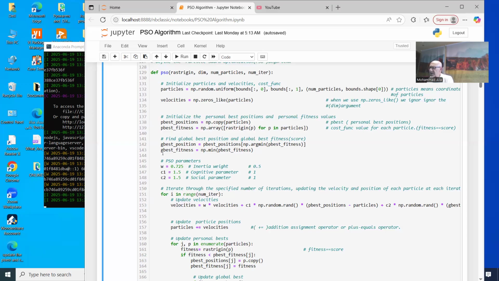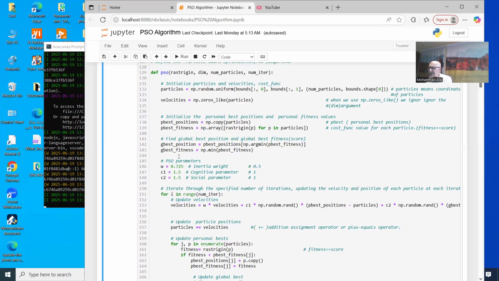This will give you the global best position. To do that, we use argmin. As this value in brackets is an array, argmin will give you the index of the minimum value. Now, if you put this index in the array of personal best positions, you will get the global best position.